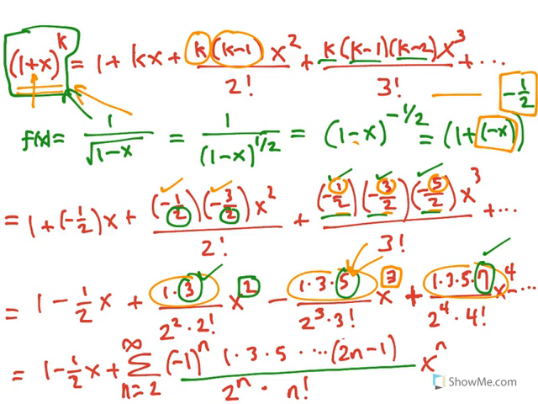So I had no issue taking care of k is equal to negative 1/2. I've been doing that step by step. But the one thing that I forgot about was that I have not 1 plus x in the base, but 1 plus negative x. So what that means is each of these x's should actually be negative x. So that should be negative x.